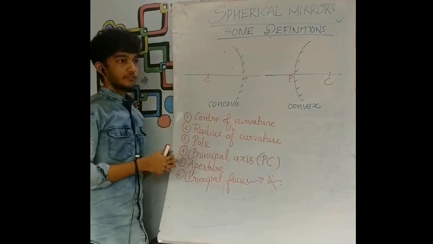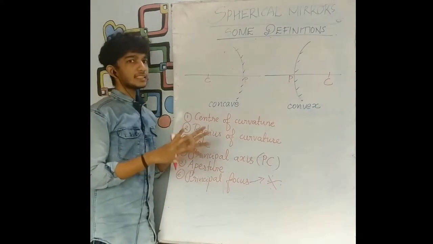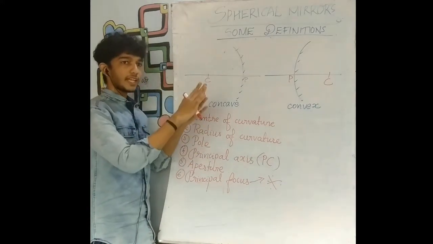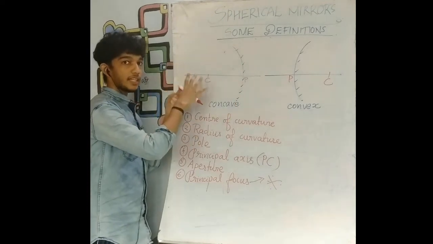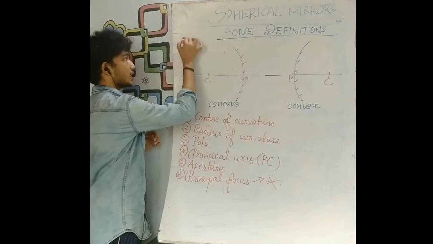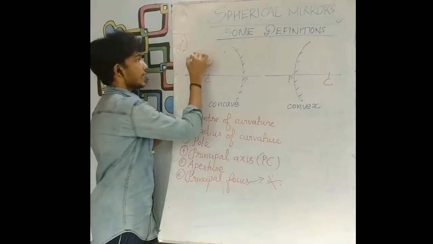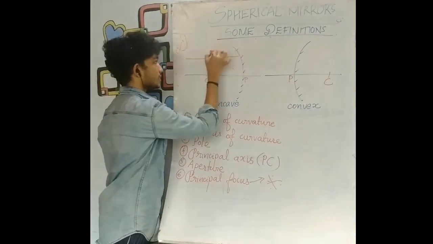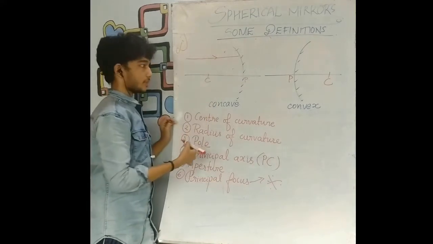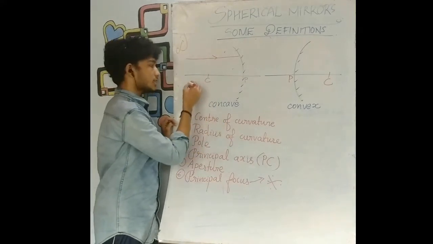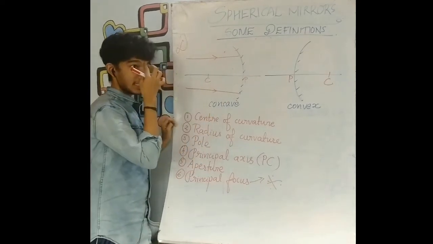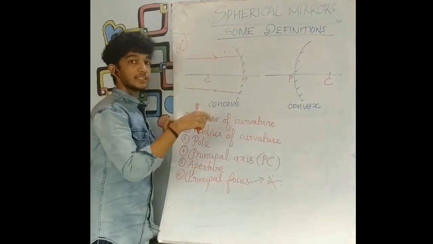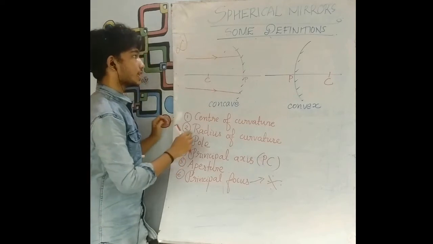And in the case of concave mirror, let us imagine that a ray of light is striking the concave mirror and this ray of light is coming from infinity. I mean a beam of light. So for simple representation with the help of two rays, let us analyze what happens to the reflected ray.